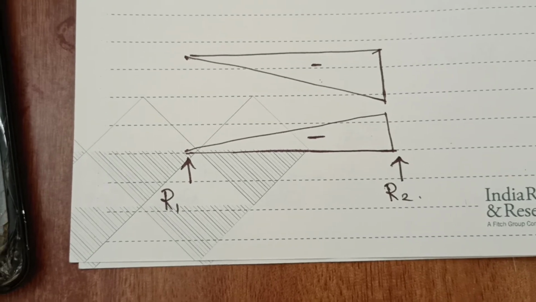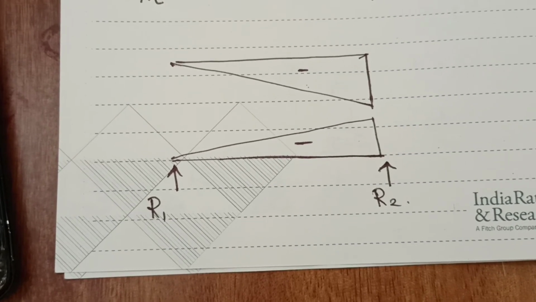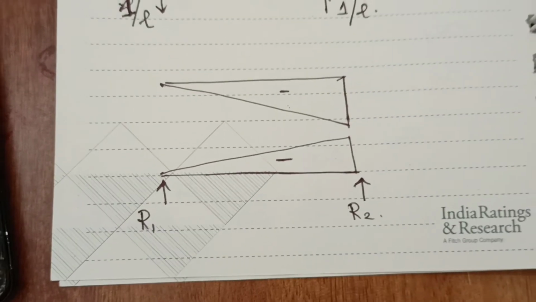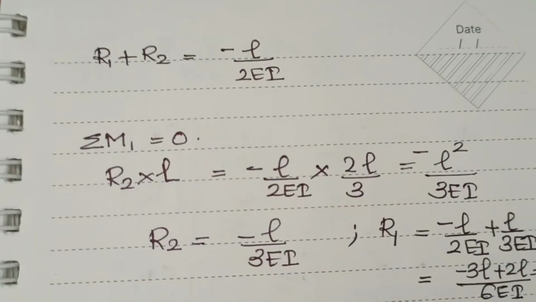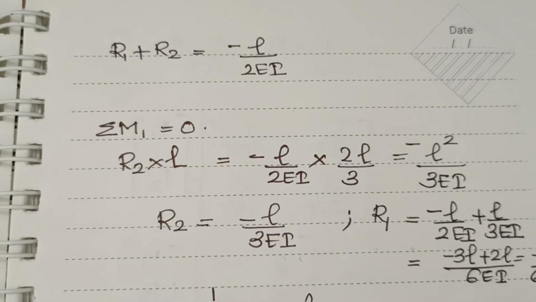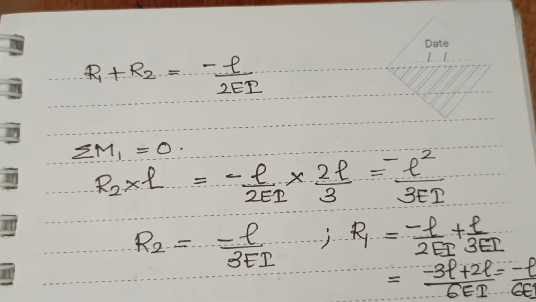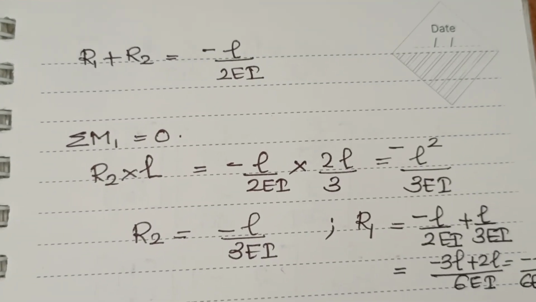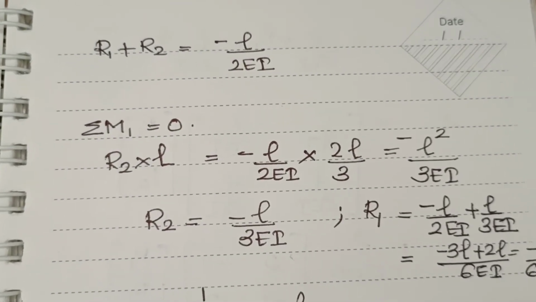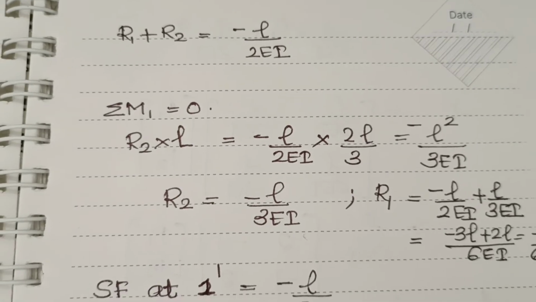Hence the reactions are also R1 and R2. To find out the reactions, the sum of the reactions is equal to the total load. Since the load is negative, we have to take it as minus of L by 2EI.